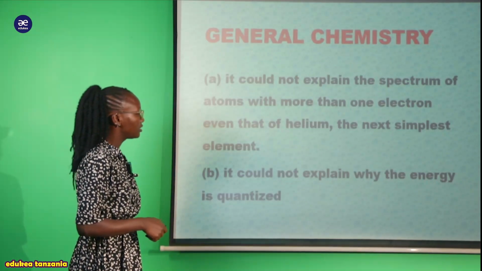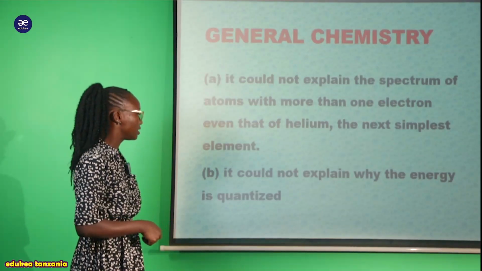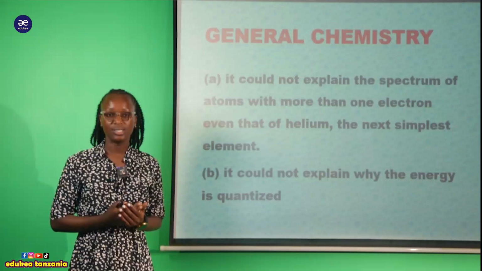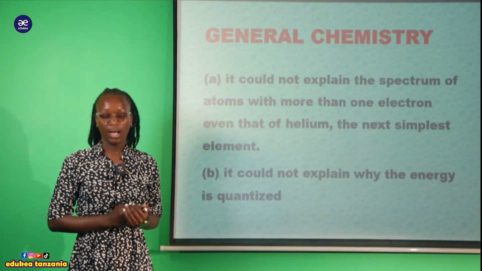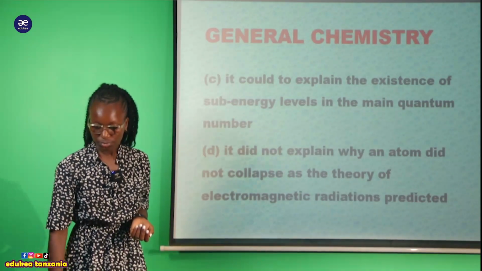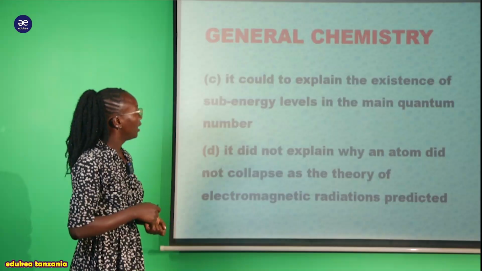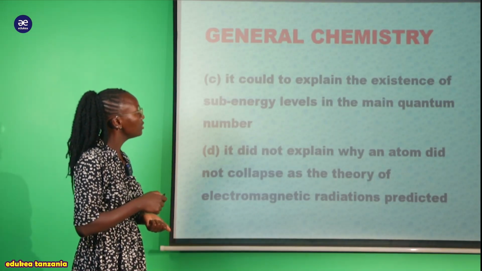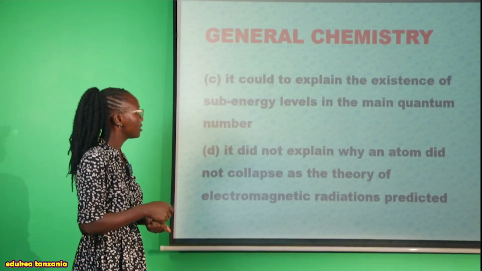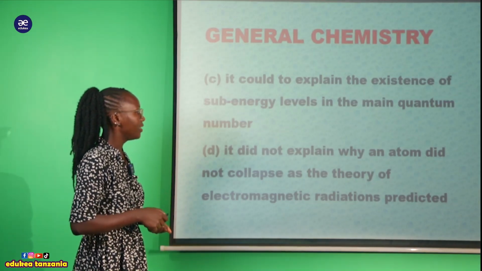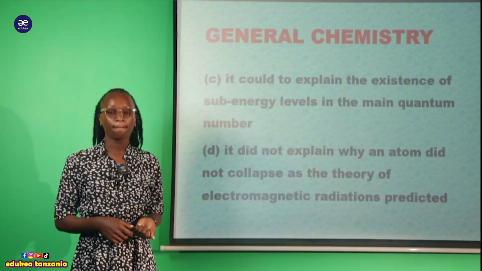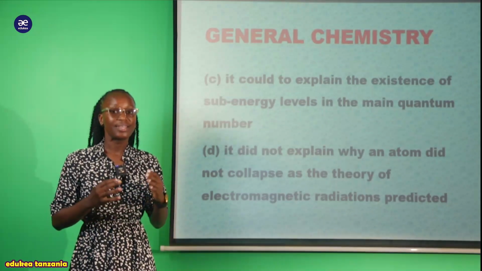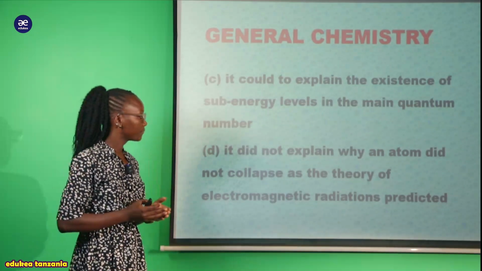But also it could not explain why the energy is quantized. Why is the energy quantized? Kwa nini? Hajatuambia. Also, it couldn't explain the existence of sub-energy levels in the main quantum number. Those sub-energy levels he didn't explain.